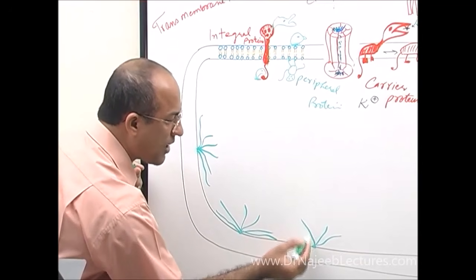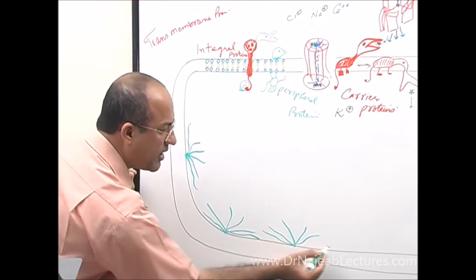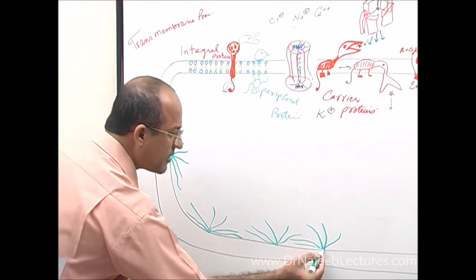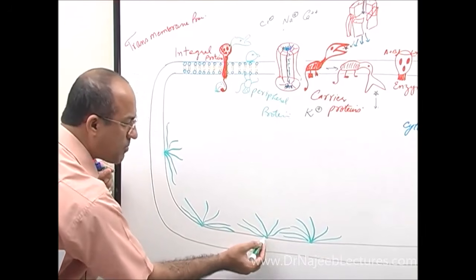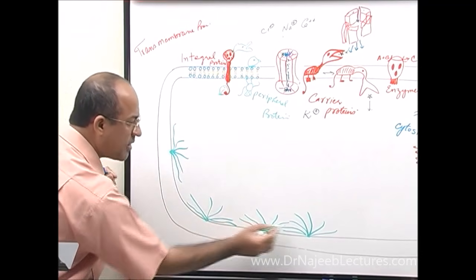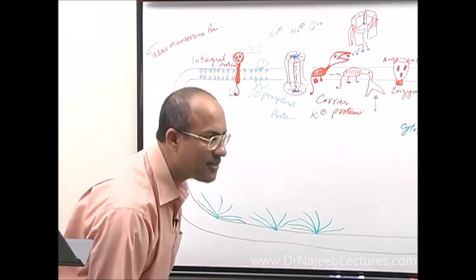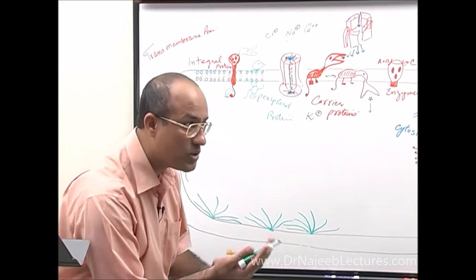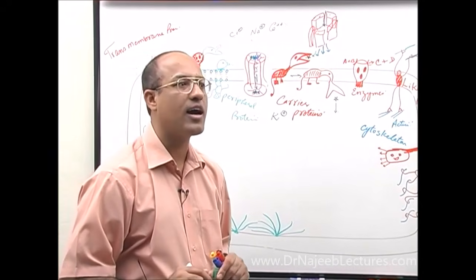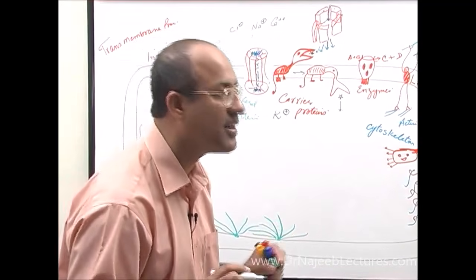Now these protein filaments are attached with the internal aspect of the cell. So are they transmembrane, integral, or peripheral proteins? They are peripheral proteins. So many of the peripheral proteins attached to the inner aspect of the membrane are components of the cytoskeleton.